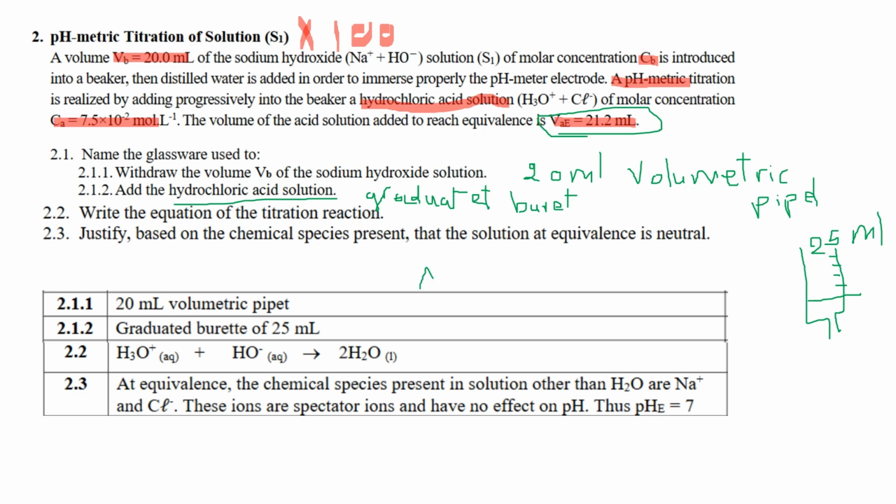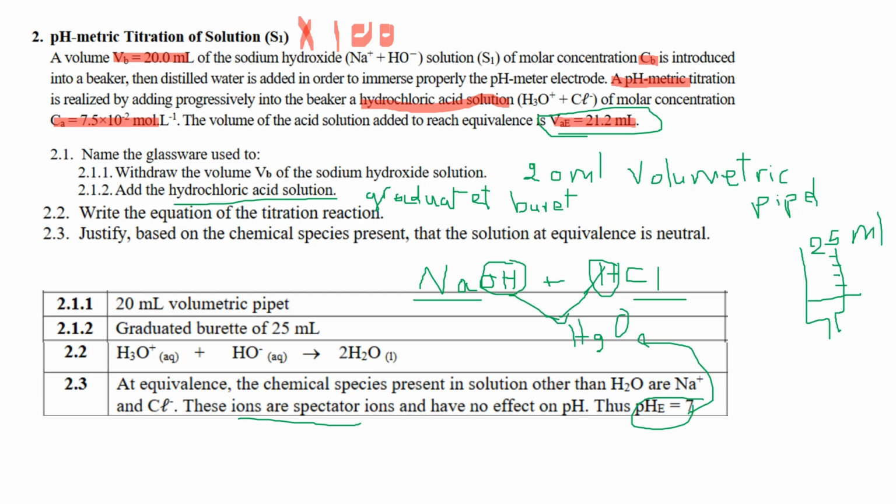We have NaOH plus HCl. So OH and H will form H2O, and what is remaining are only the ions Na+ and Cl-. So Na+ and Cl- are called spectator ions, and they have nothing to do with the pH. The pH is neutral, equal to 7, which is the pH of water, H2O.